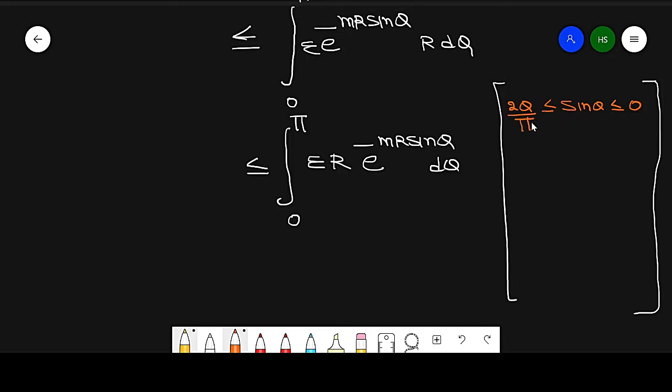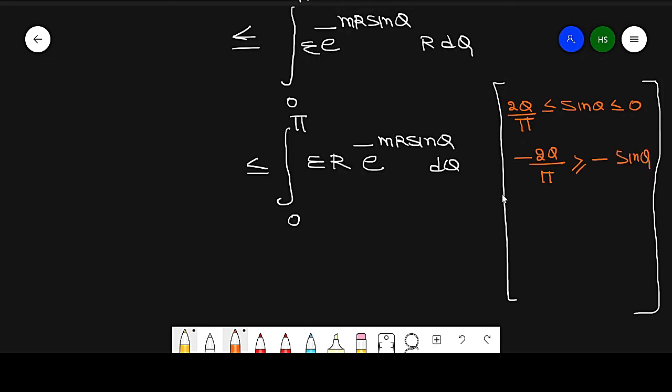So from this 2 theta by pi, if this is the Jordan inequality, my aim is to find the value of minus mr sine theta. So this value is minus 2 theta by pi greater than or equal to minus sine of theta.